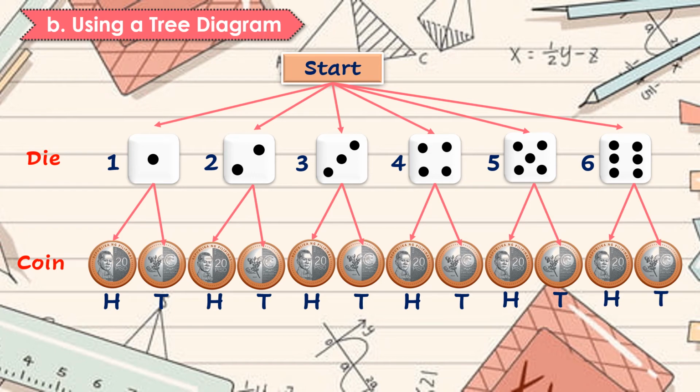And then let's count the total possible outcomes. 1, 2, again, 1, 2, 3, 4, 5, 6, 7, 8, 9, 10, 11, and 12. So, mayroon tayong 12 number of outcomes.